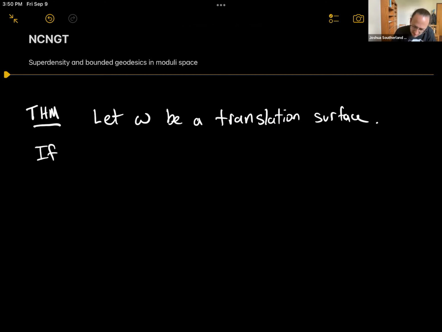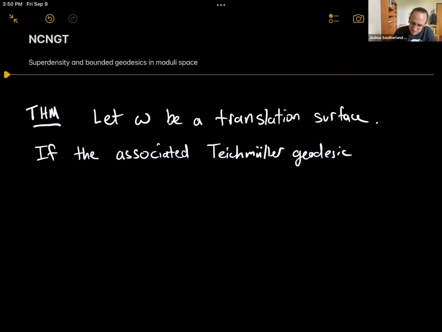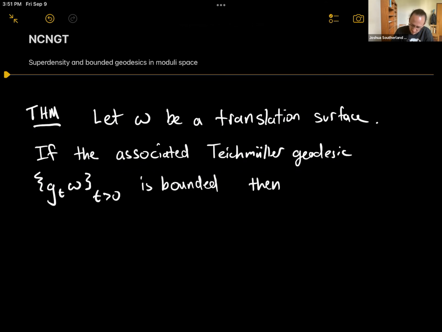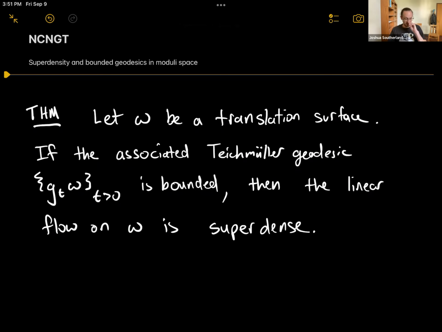If the associated Teichmüller geodesic, let me just write the notation, in positive time, is bounded in the moduli space, then the linear flow on omega is something called superdense. So I have a lot to sort of define for you.